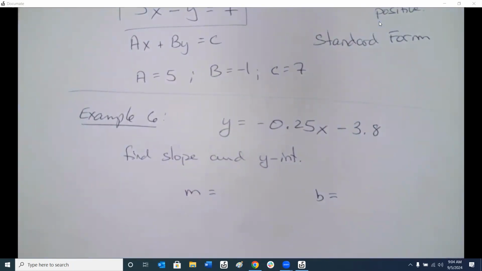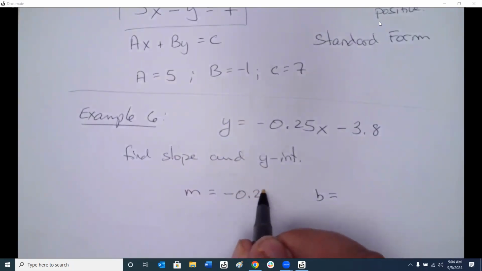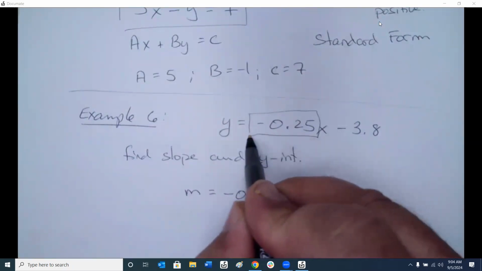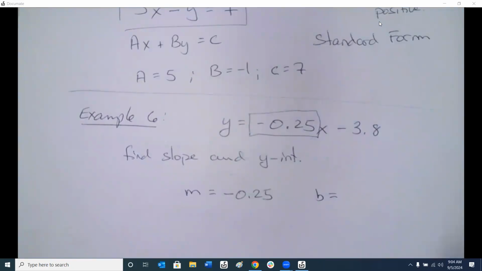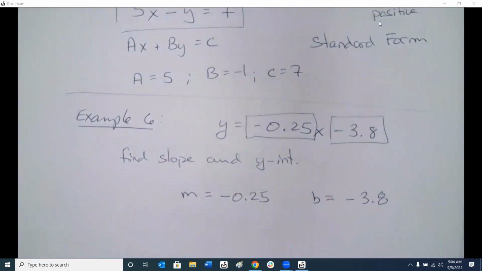So what's the slope? Negative 0.25. Very good. The slope is whatever is in front of the x. And the y-intercept? Very good. The intercept is the constant term.